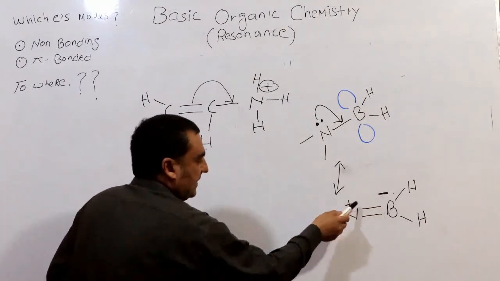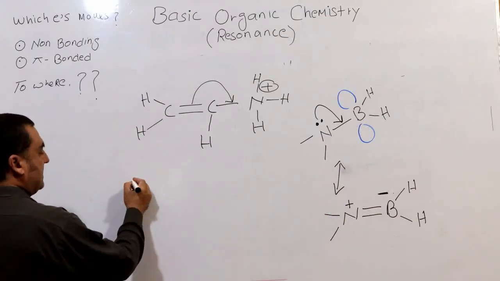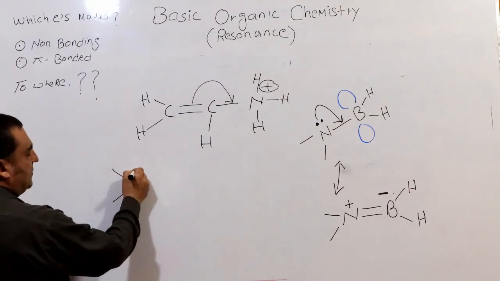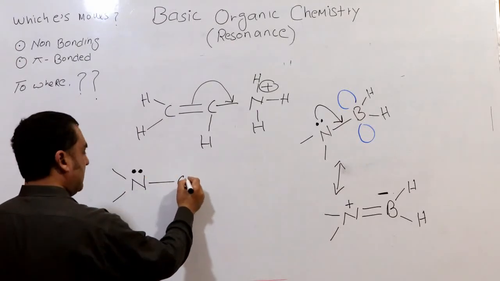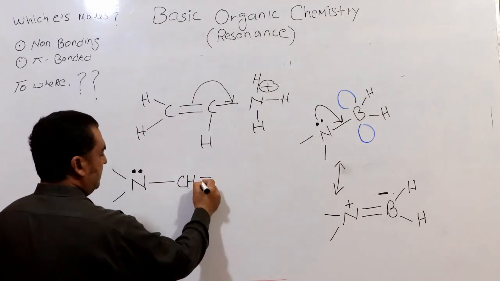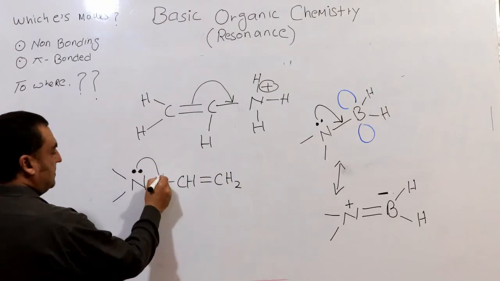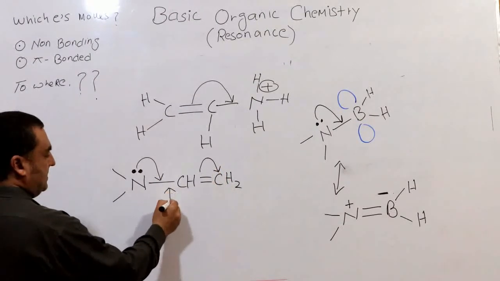Look at this, negative or positive, okay, and these are the CH3s. Suppose this is a nitrogen, again it could be hydrogen or oxygen or another atom with a lone pair, and either here we have CH and here we have CH2. Now when those electrons move here, you will see what happened.